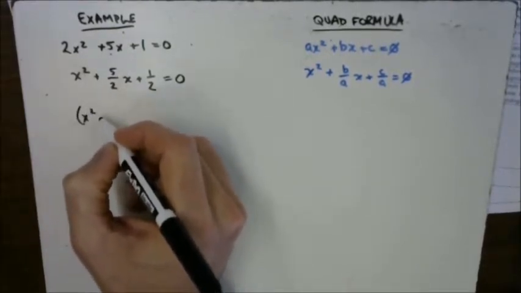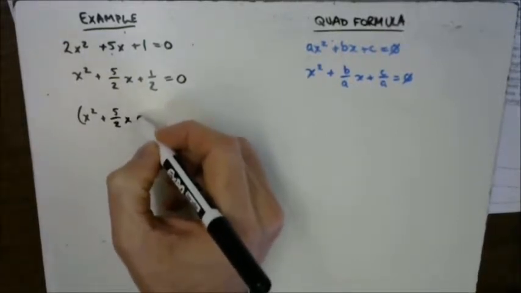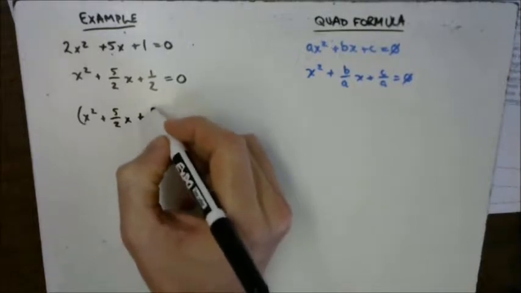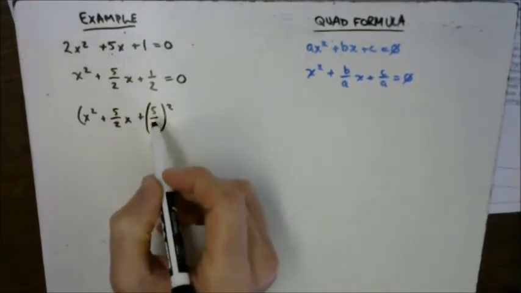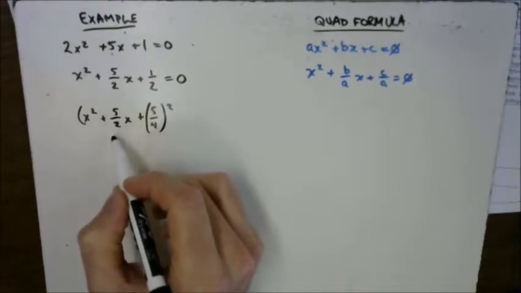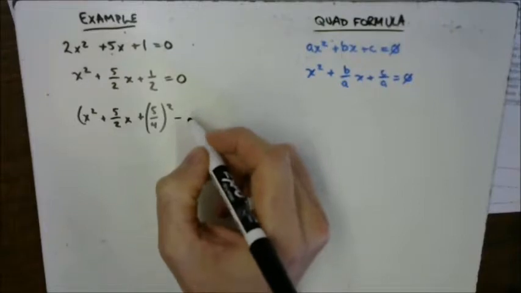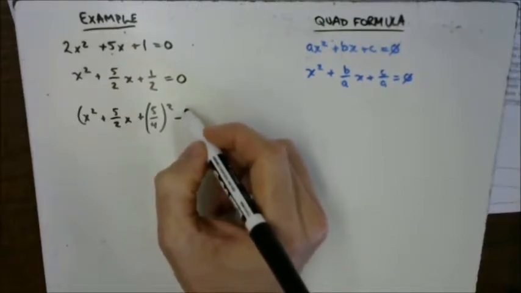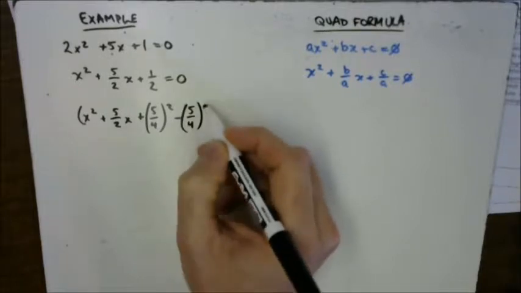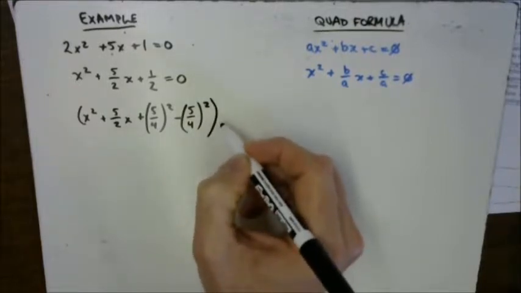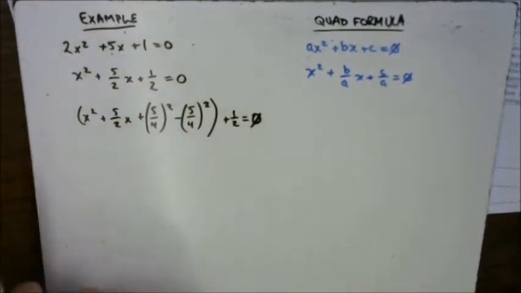So we're left with x squared plus 5 over 2x plus 5 over 4 squared, because 5 over 2 divided by 2 is 5 over 4. And if we add it, we need to subtract it. So we've got 5 over 4 squared. And then on the outside of our bracket, we still have plus 1/2, and it's going to be equal to 0.